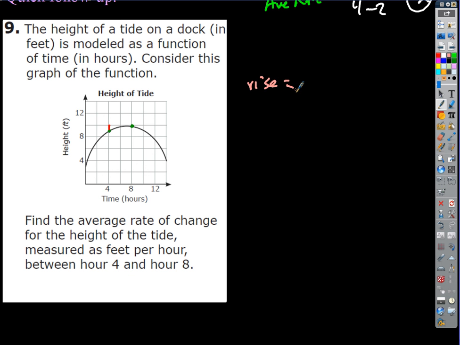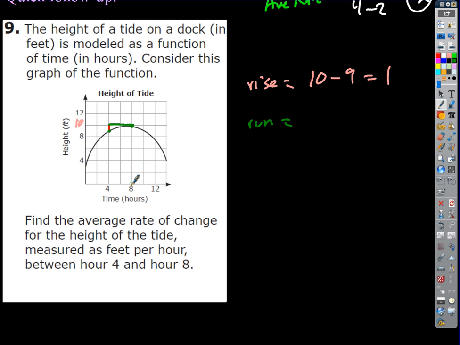Let's just round this off. It looks like it's going from, that's 2, 4, 6, 8, that would be 10. So it's going to be 10 minus about 9, just roughly, right? It rises by 1. My run is going to be 4, isn't it?